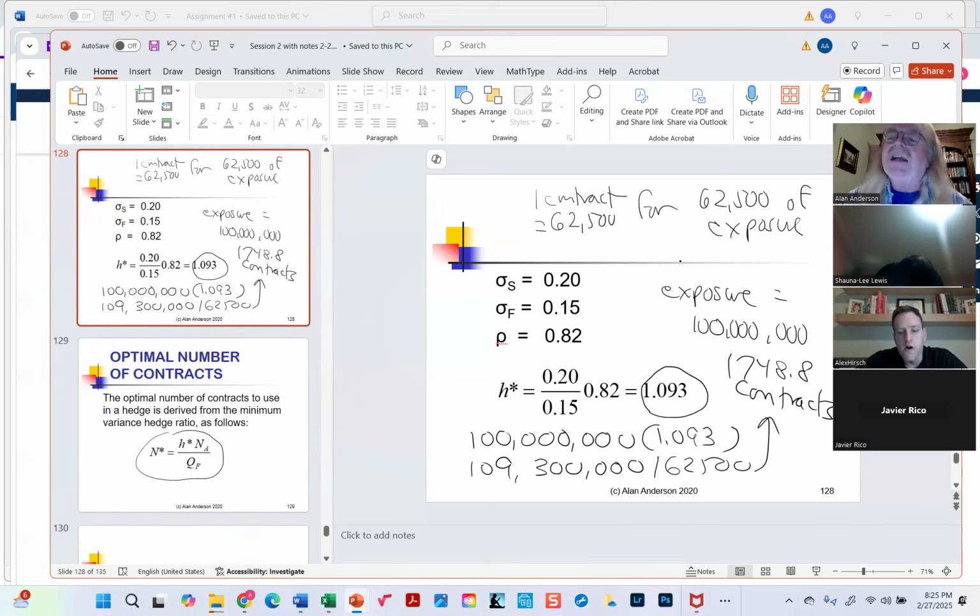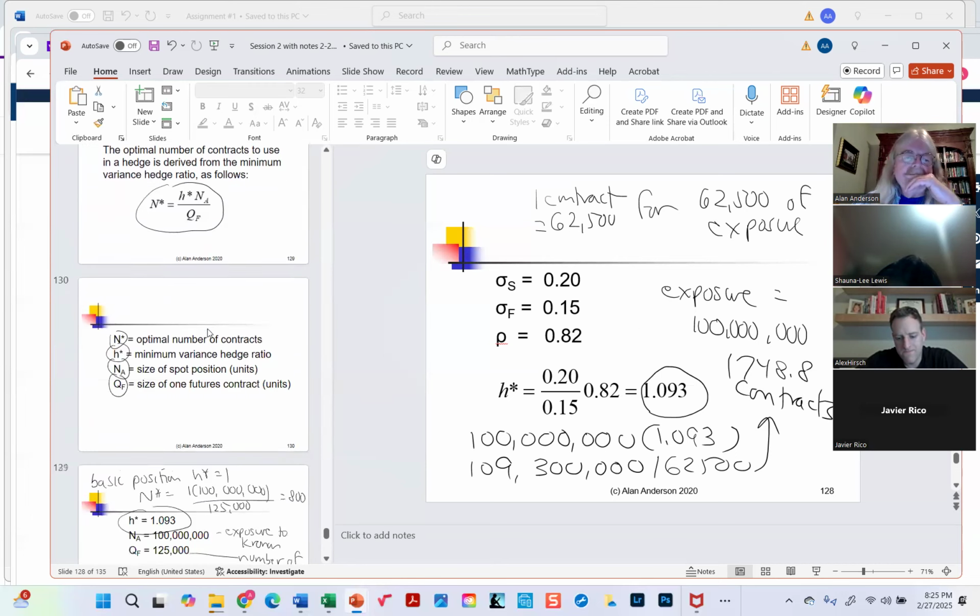Which means in a case like that, I'm sure you could feel free to round it to 1749, but you get the idea. You're never going to get it just right with a futures contract. It's not likely, let's put it that way. So you will have to decide whether you're going to take slightly more contracts, slightly less, but this is one way you could figure out the optimal number of contracts that you should buy or sell. Okay.